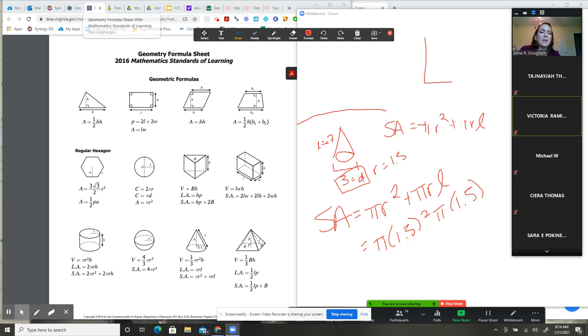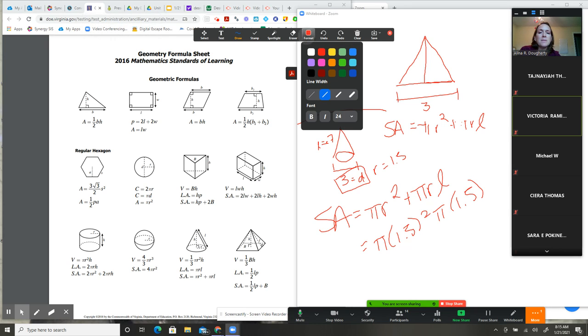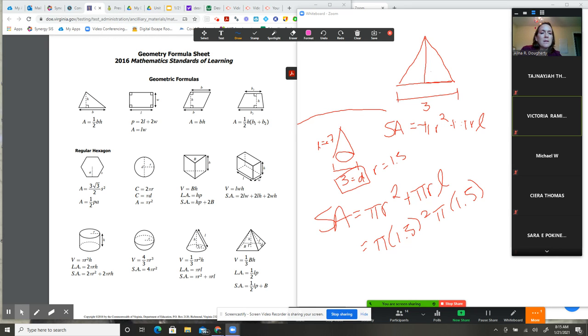So again, if I look at that side view, I've got 2 right triangles. If the whole thing is 3, then this is 1.5. I know the slant height is 7, so I need to do 7 squared minus 1.5 squared equals the height squared.